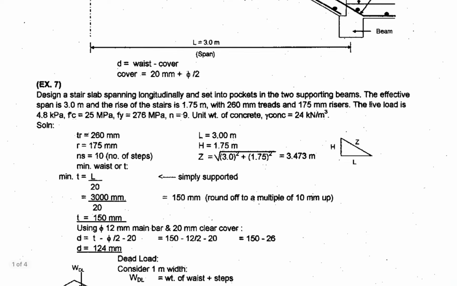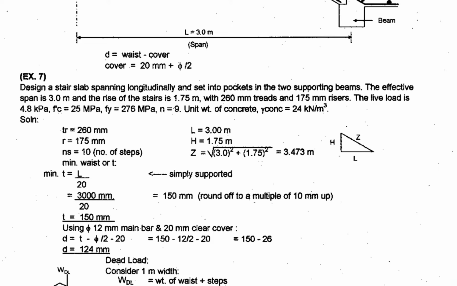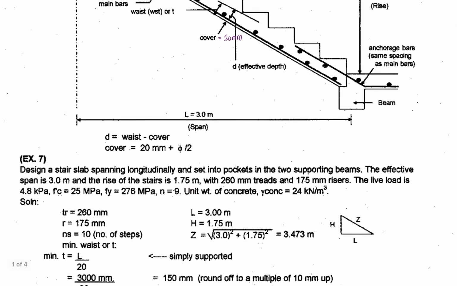Let's have example. You have here, design a stair slab spanning longitudinally and set into pockets into supporting beams. The effective span is 3 meters, so you have this one, and the rise of stairs is 1.75.